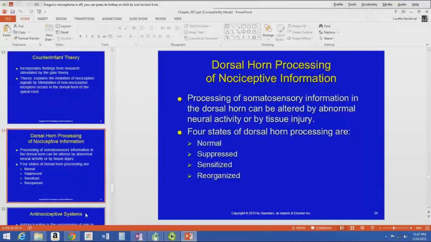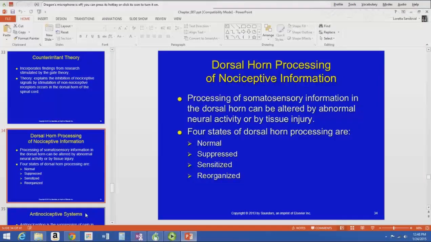Okay, so we're going to talk about the dorsal horn processing of nociceptive information. So we know that the dorsal horn is where the sensory neurons, well, the cell bodies are also in the dorsal root ganglion, but then they synapse with the second order neurons in the dorsal horn.